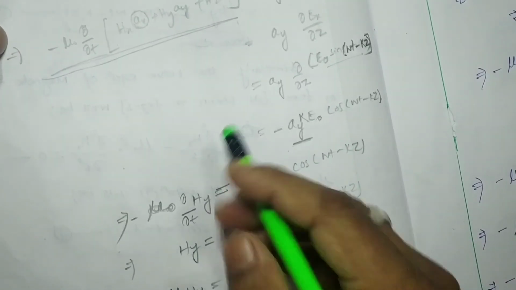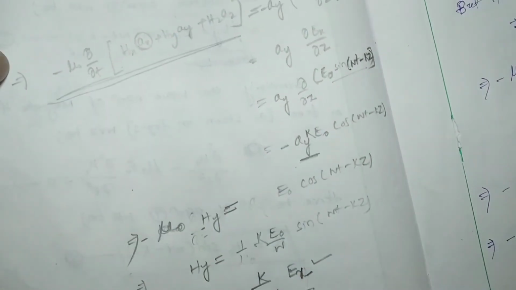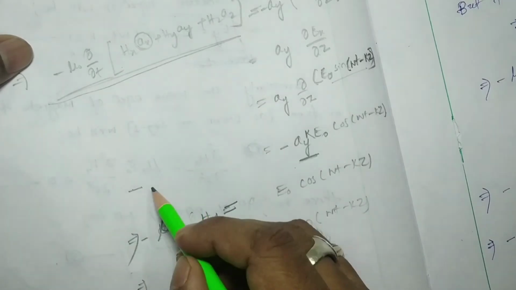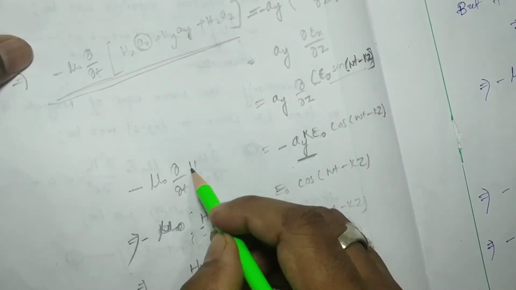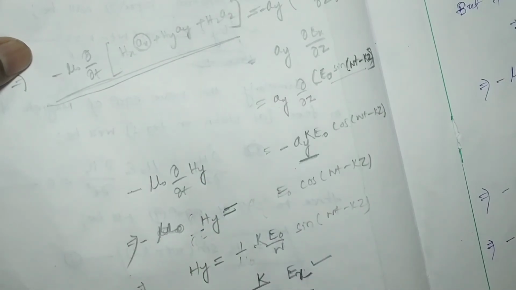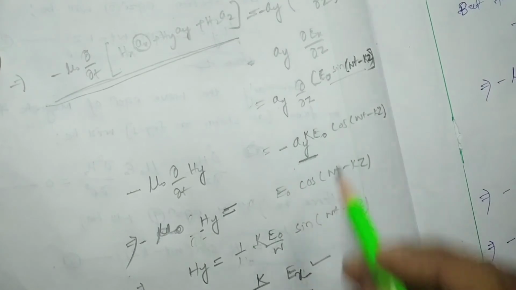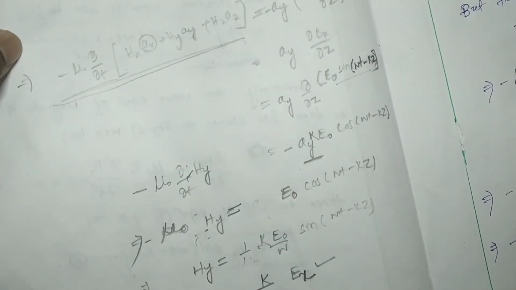sorry, one step before it is there. So it will be minus mu 0 del by del t of hy is equal to, yes, actually this was correct.